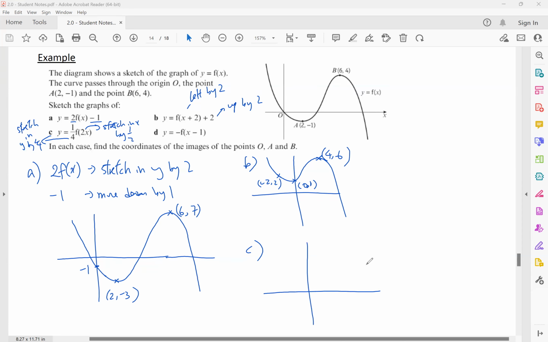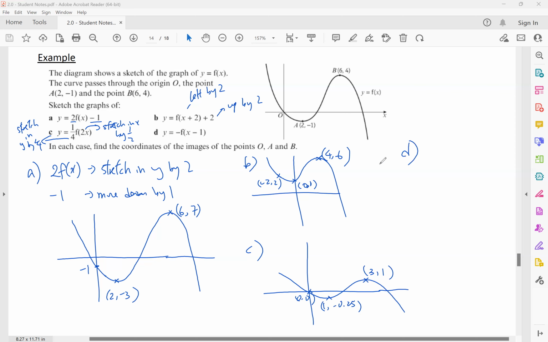So the equation will look like this. Now it's a lot flatter because you are multiplying x by a half and y by a quarter. So you're sort of pushing the graph together. In x, that's (3, 1). That point will be (1, -0.25). That point (0, 0) remains unchanged. Yeah, 3 points, O, A and B.